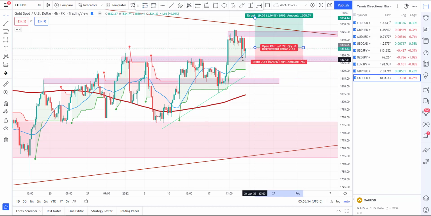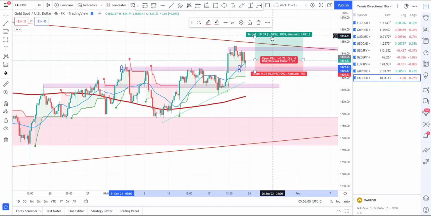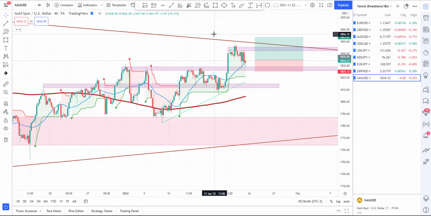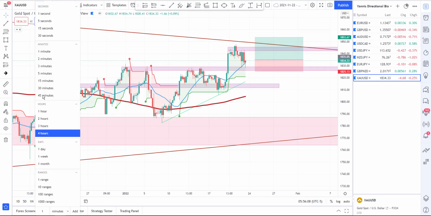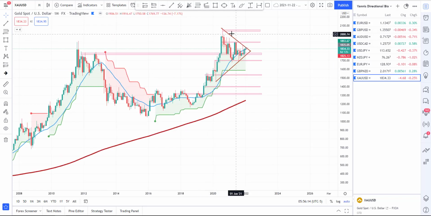My short is a slight problem. It's here, and only to keep my risk to reward ratio, I would use a new target because I don't have any kind of reference in the back. I don't know if the monthly provides something. Yeah, we do have things above.